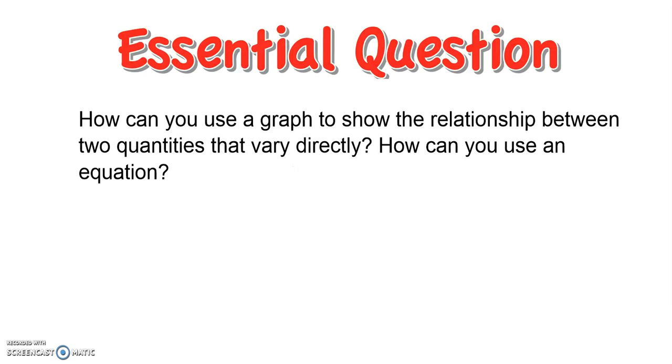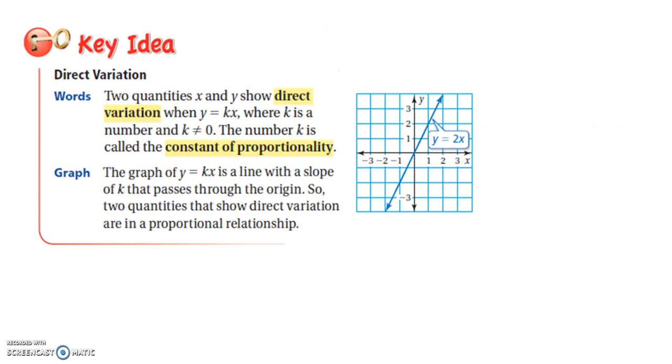Okay, so the essential question: How can you use a graph to show the relationship between two quantities that vary directly? How can you use an equation? Two quantities x and y show direct variation when y equals kx, where k is a number and k does not equal 0.